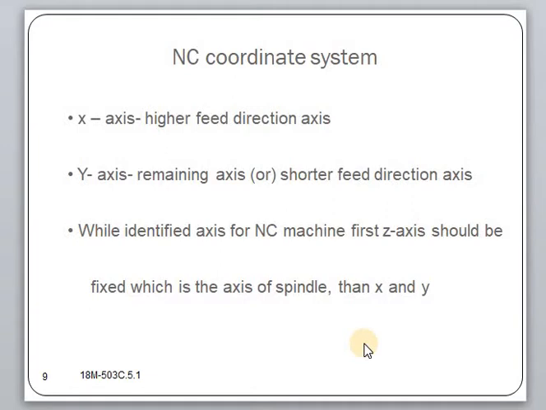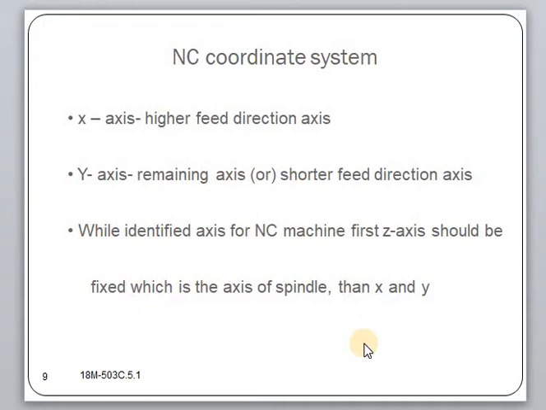On machines with rotating tools, if the Z-axis is horizontal, the positive X motion is to the right when looking from the spindle to the workpiece. If the Z-axis is vertical, the positive X motion is to the right when looking from the spindle to the column.